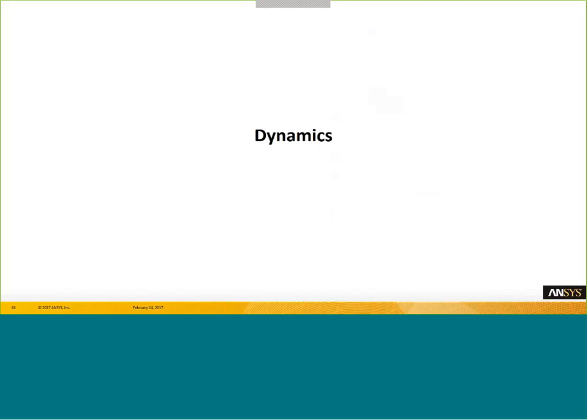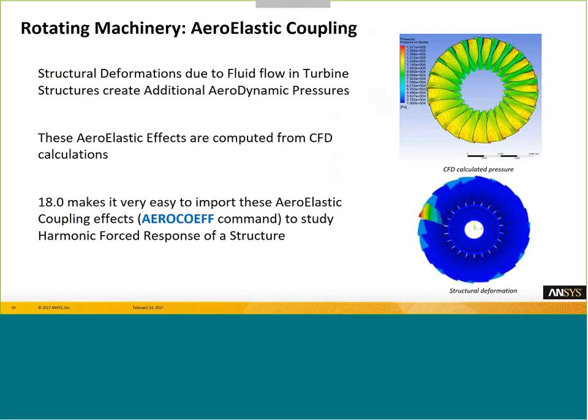So on the topic of dynamics now, quite a few updates here to talk about. First of all is the effect of, so for turbo machinery, we calculate in CFD the pressures on our turbine blades here. So we use a CFD solver to calculate that pretty accurately. And as one of the outputs from that, we can actually get some impact on the damping.